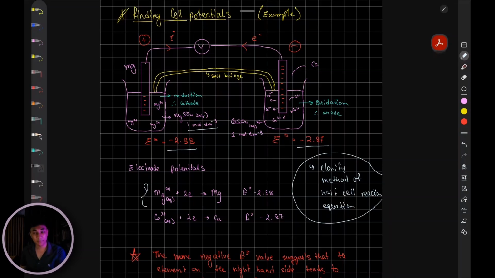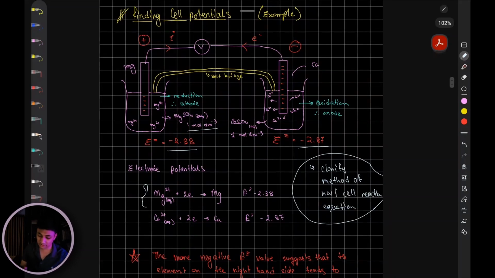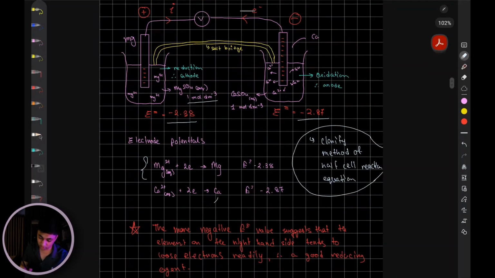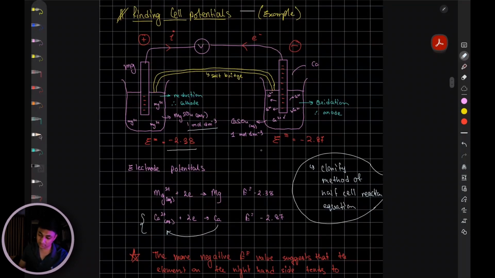Minus 2.87. Therefore, since it is more negative, it will want to give its electrons away, right? Now, what do you call giving your electrons away? For this, calcium wants to give its electrons away. So it is becoming oxidized, right? So, what can we say about this part of the cell?